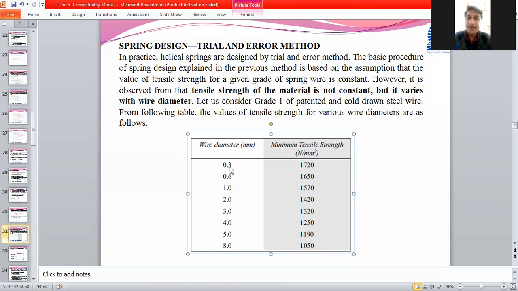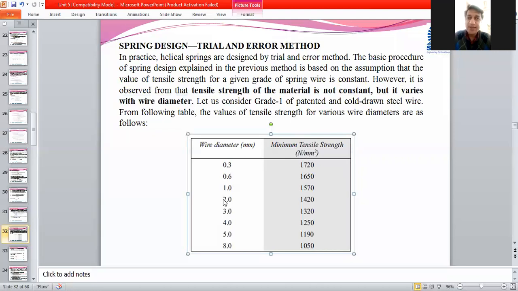For example, if you use a 0.3 millimeter diameter wire for the spring, it has a minimum tensile strength of 1720 Newton per millimeter square.